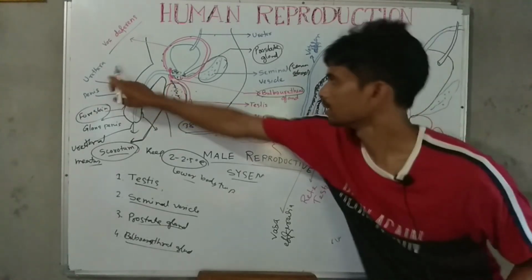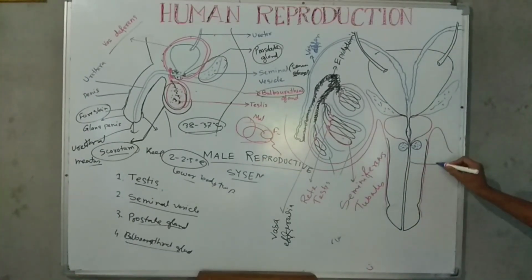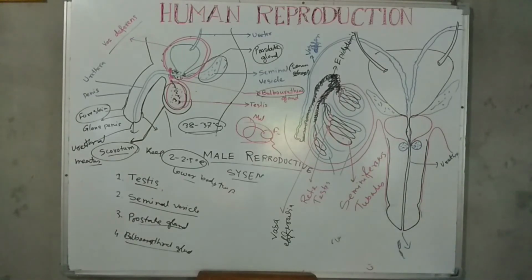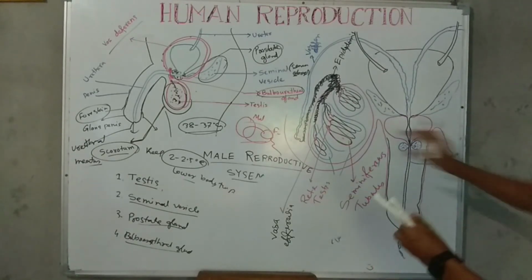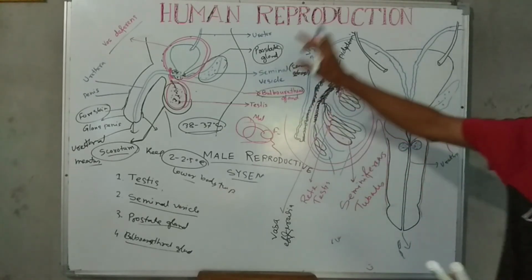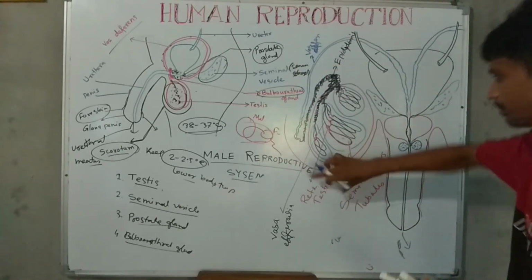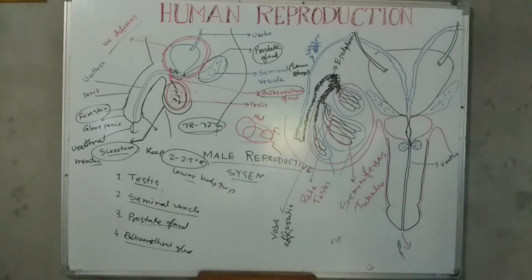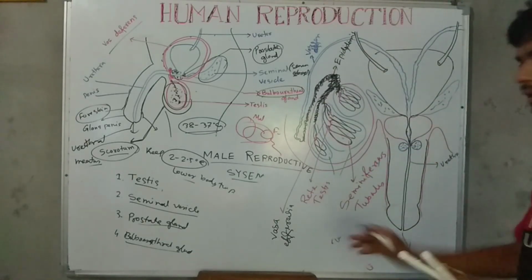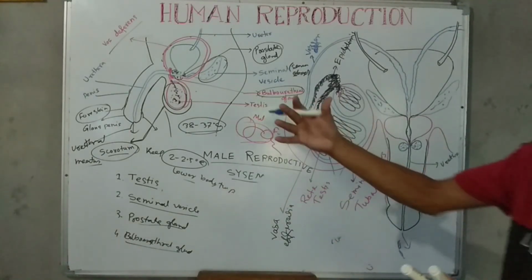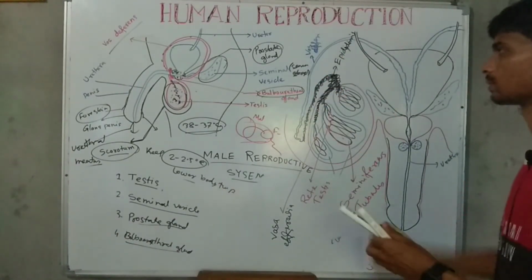This is the same urethra, and from here the sperm cells are ejected. So here you can see the pathway of movement of the sperm cells or the semen from the male body to the female body. After this we will discuss the female reproductive part, copulation and reproduction.